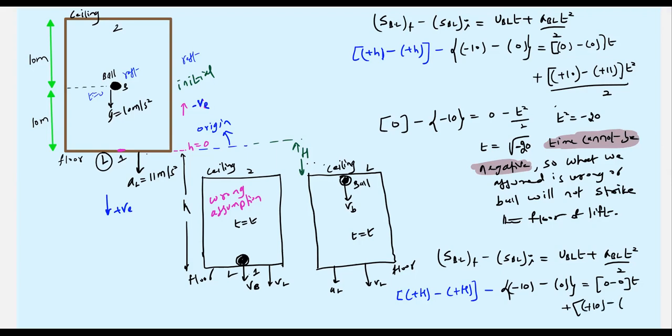So plus 10. The depth of the lift is how much? The depth of the lift will also be downward. So plus 1/2 g t square by 2.